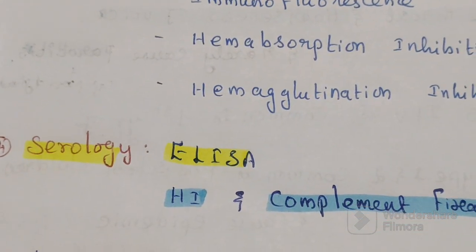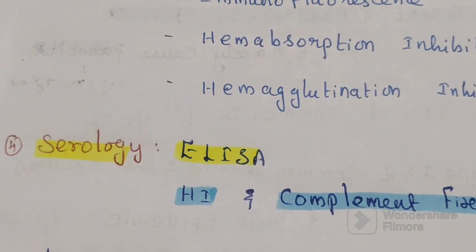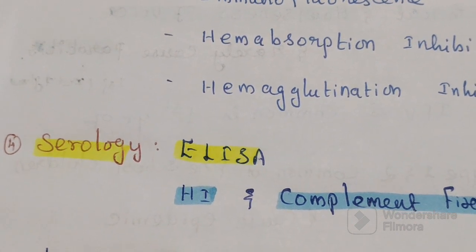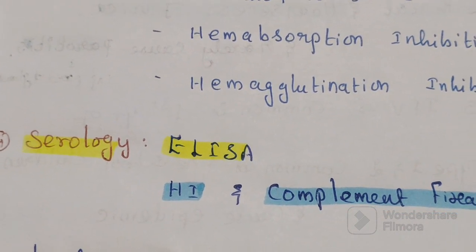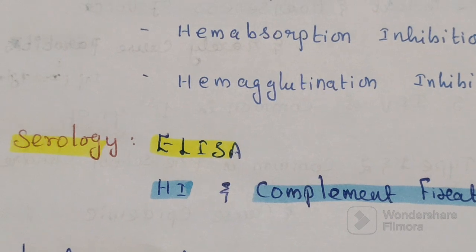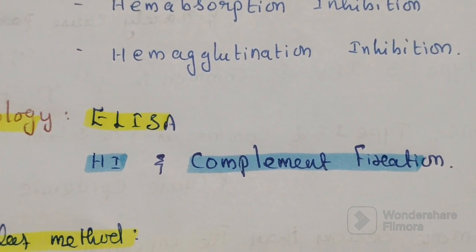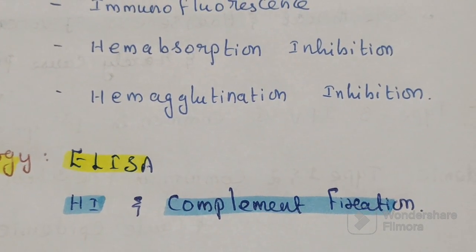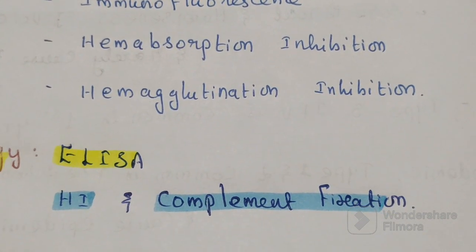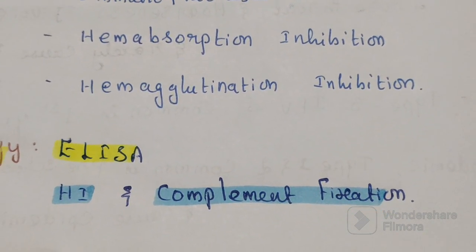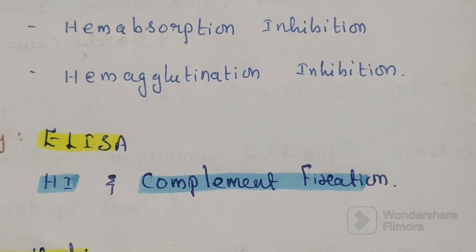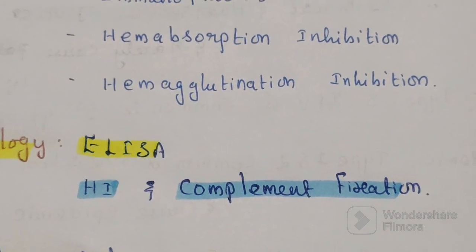Then serological techniques are performed, looking for a rise in antibody titer. Here we are using ELISA, then heme absorption inhibition test, then complement fixation. These are the serological tests we are using.